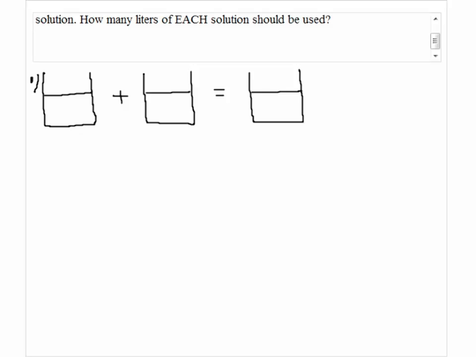Let's use the top row for the percentage of each solution, and the bottom row for the amount, in this case, liters for each solution.